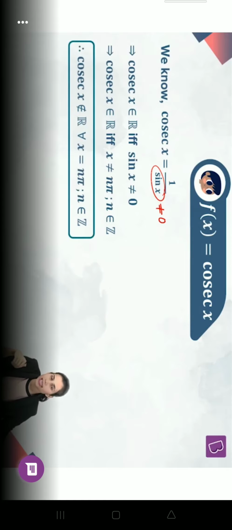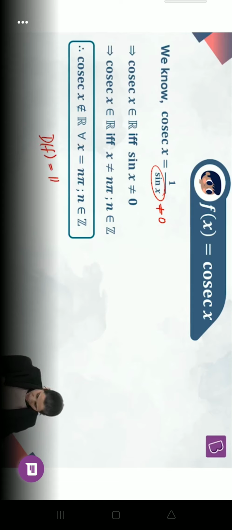Now, one thing which is very, very crucial to observe here is if you look at the graph of cosec in the interval 0 to 2 pi, obviously open 0 to open 2 pi, because 0 and 2 pi are not included. Then, whatever is the graph in this open interval 0 to 2 pi, exact same is the graph in the interval minus 2 pi to 0. In fact, every other consecutive interval of length 2 pi, the graph is going to be same.